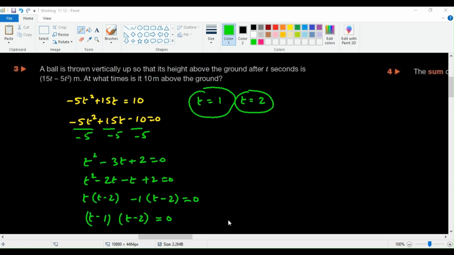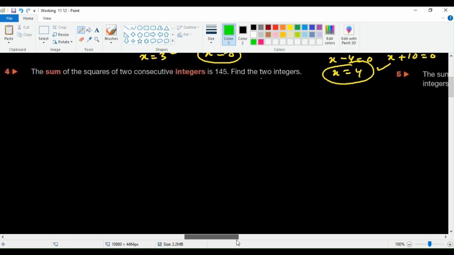As we are done with question number 3, we are moving on to the next question. It says the sum of the square of two consecutive integers is 145. That means the square of the first one and the square of the second one is going to be equal to 145. Now, once we simplify this, we know very well x square plus x plus 1 square equals 145, that is x square plus 2x plus 1.